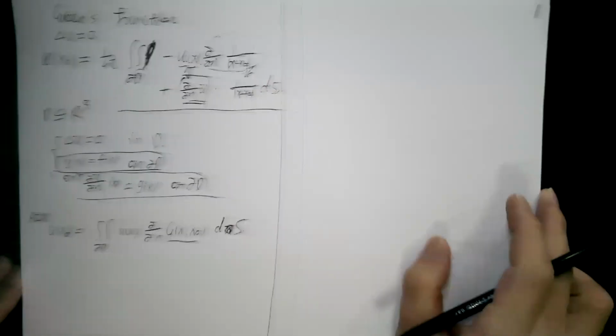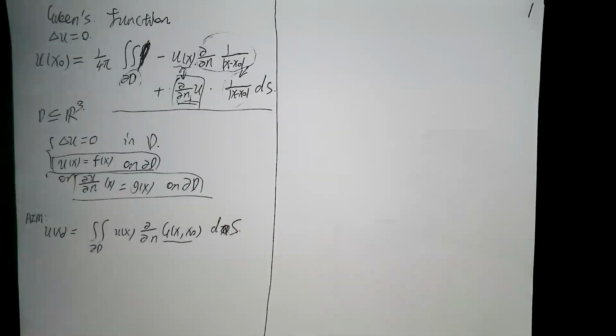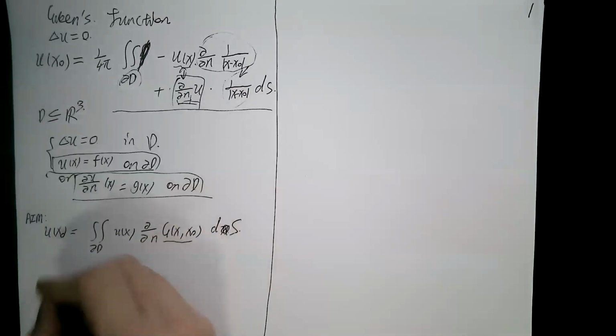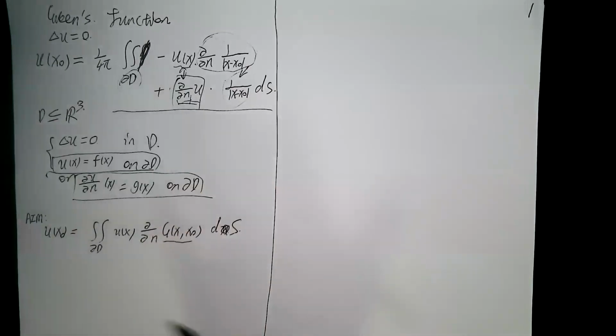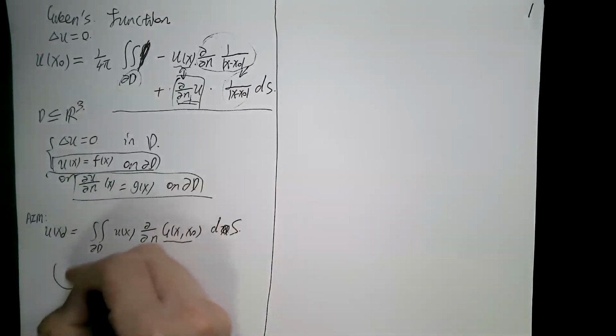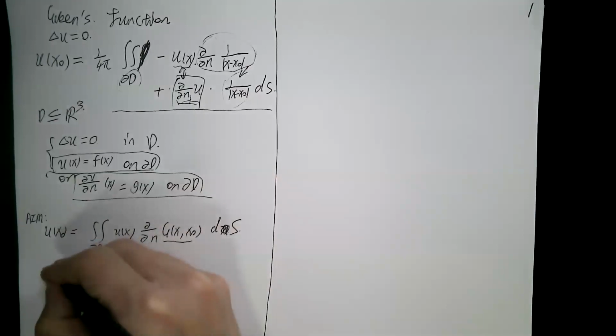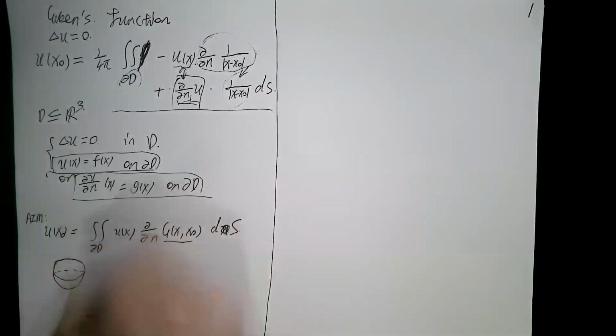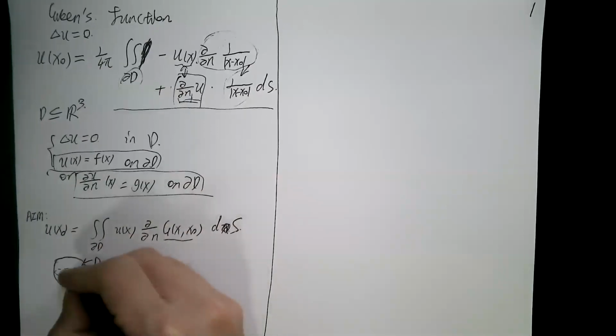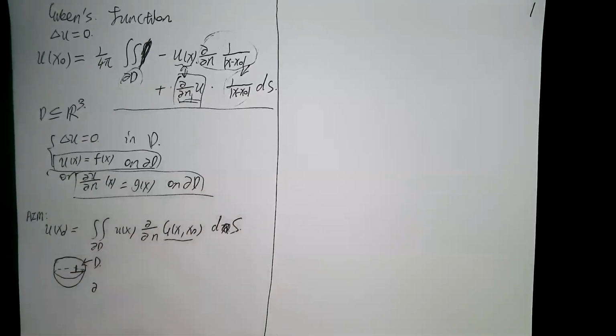Yeah, of course. For instance, as we mentioned before, if you have a domain to be the ball in 3D, this is your domain D, and let's say the radius equals 1. Then the boundary of this domain is the sphere of radius 1.